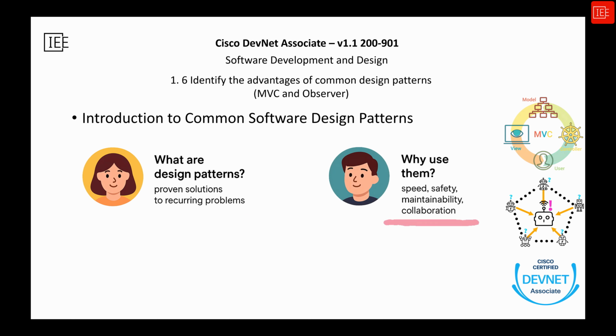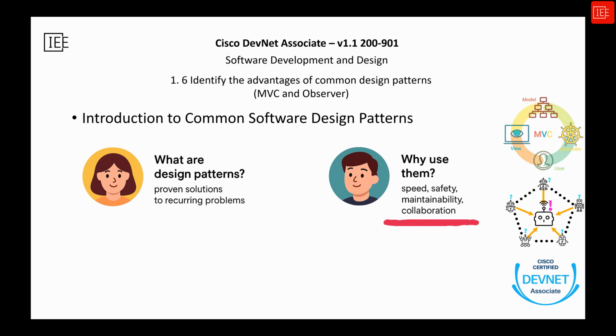So the main reason for using design patterns is efficiency and consistency. They save developers from reinventing the wheel by offering time-tested approaches that are proven to work. This makes code easier to understand for teams because developers across different projects or companies often recognize the same patterns.